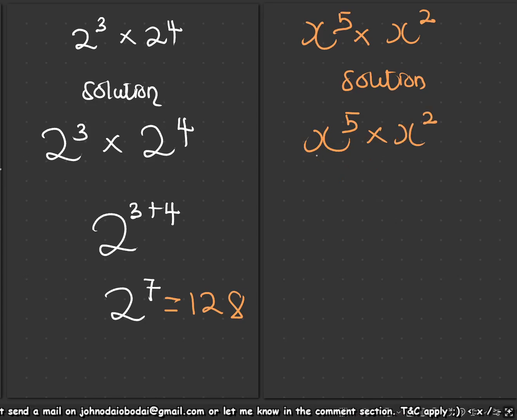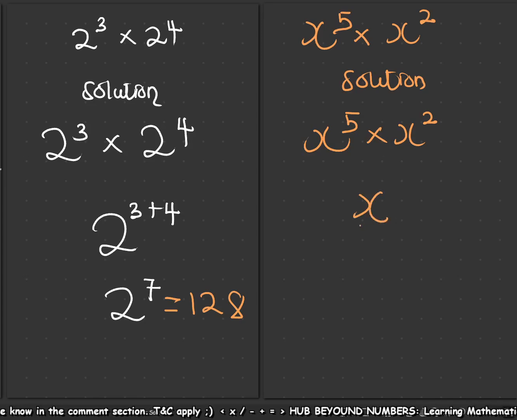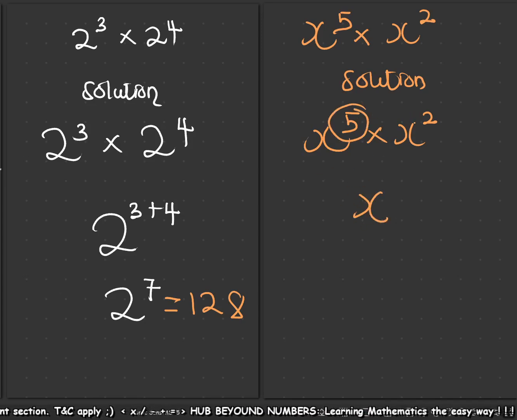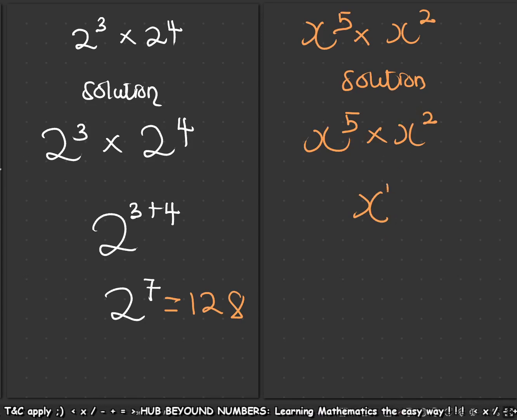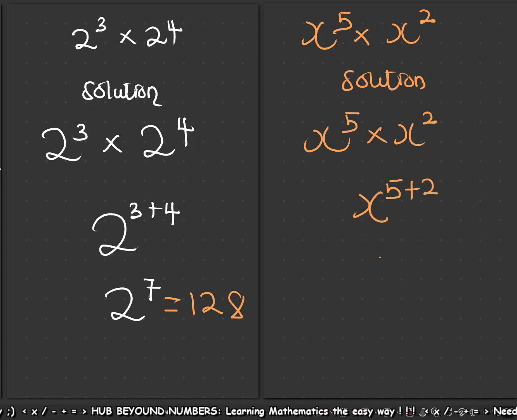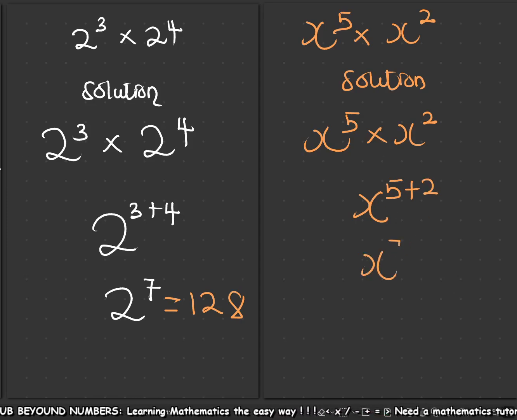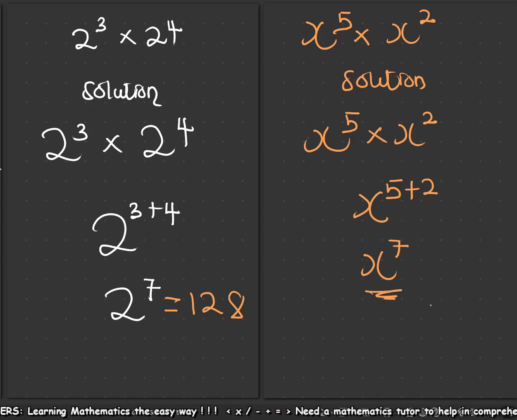Since the bases are the same and we are multiplying, not adding, all we need to do is write one of the bases. So x is written, and then we add the powers. 5 plus 2 gives us 7. As simple as that, and this is our final answer. No need to evaluate further.